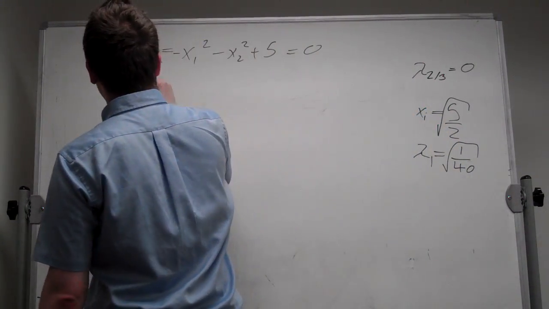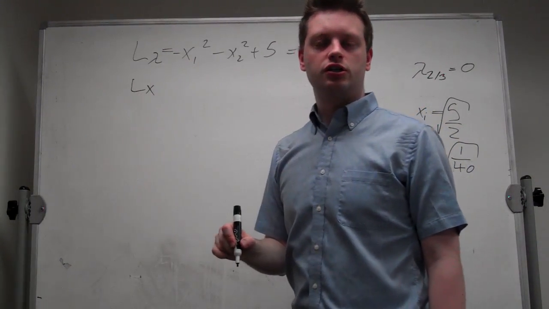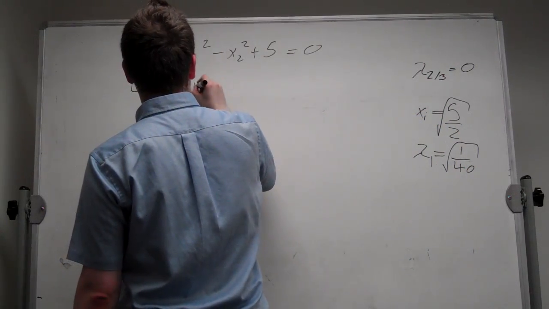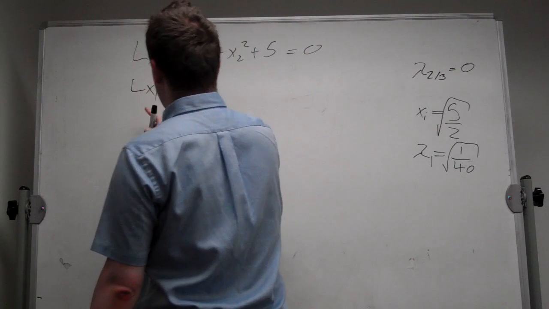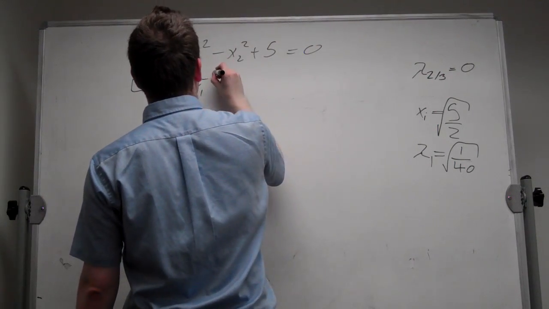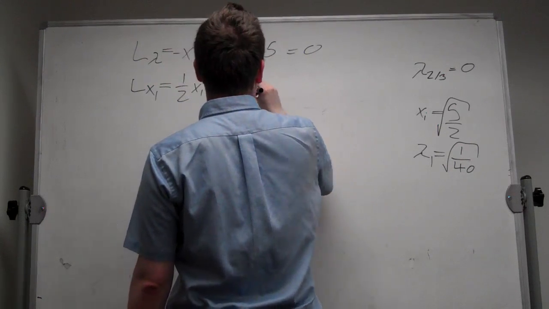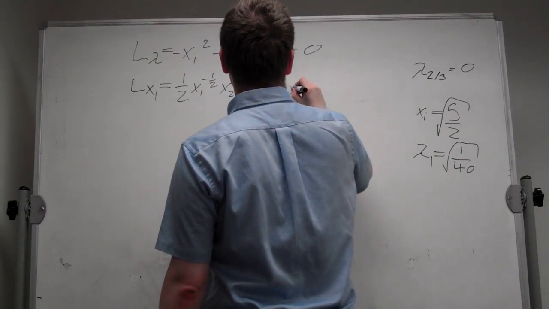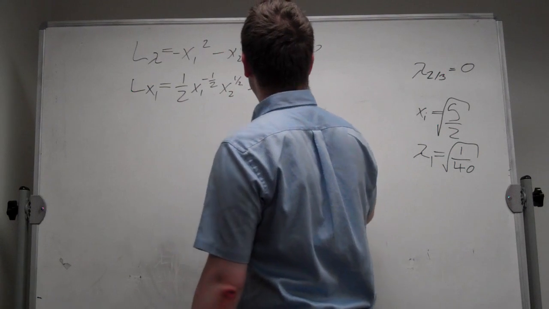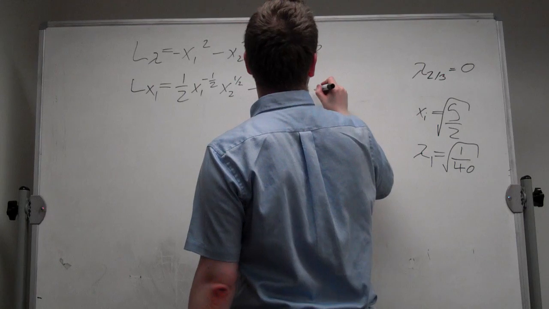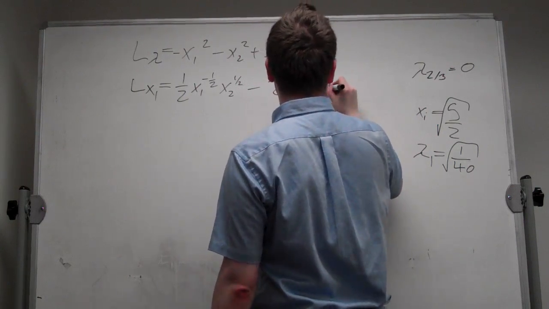Then we have the derivative with respect to x1: 1 over 2 times x1 to the minus 1 half, x2 to the 1 half, minus 2 lambda 1 x1 equals 0.